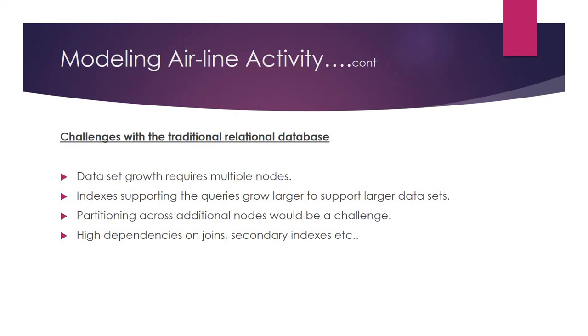Unlike a relational database, Cassandra uses multiple nodes, and the data is replicated at all the nodes, so it is easier to get results from the nodes. So the main challenge here is partitioning across additional nodes.